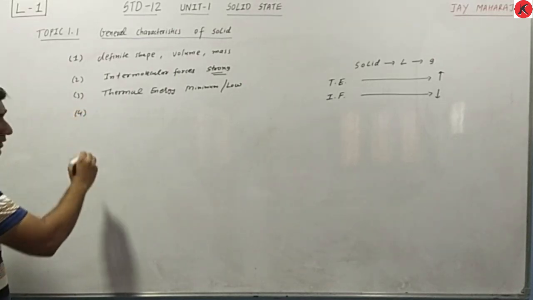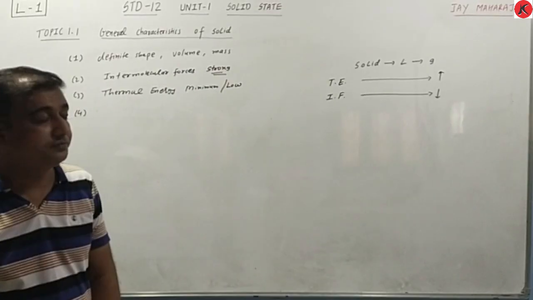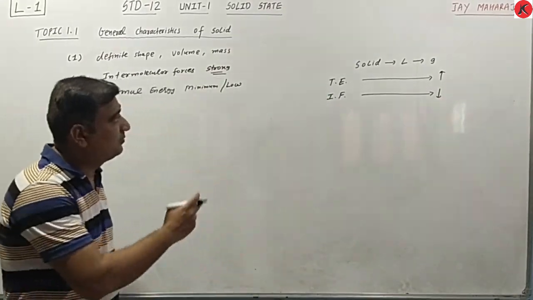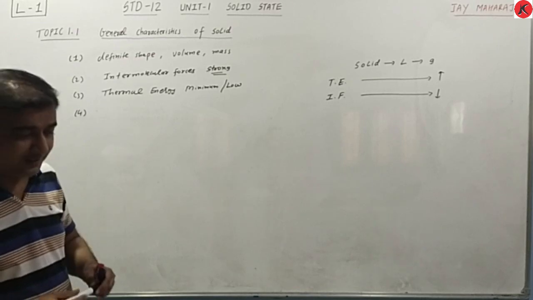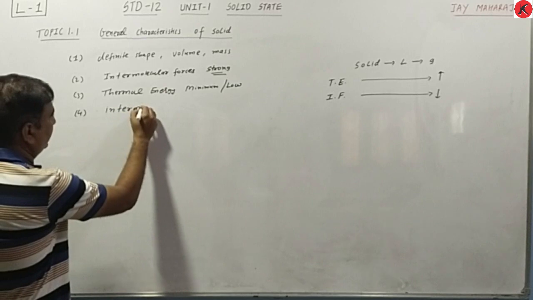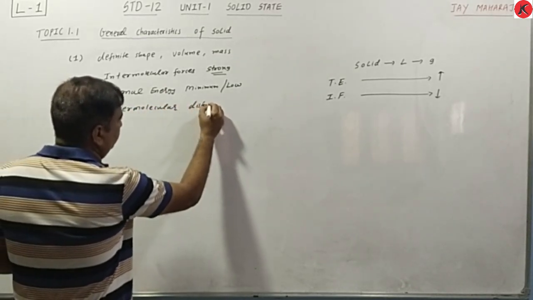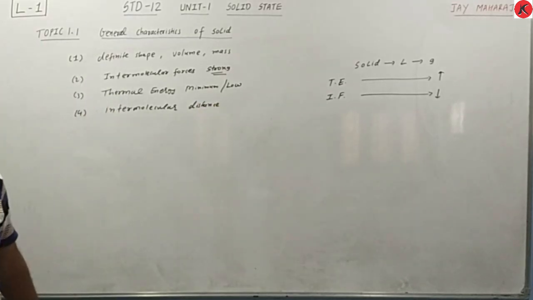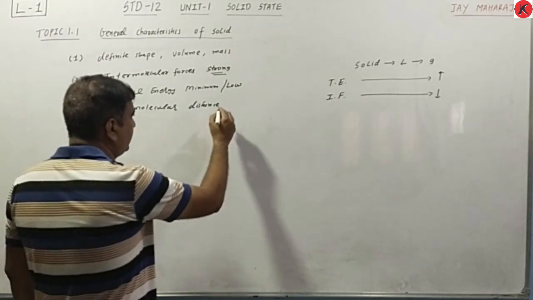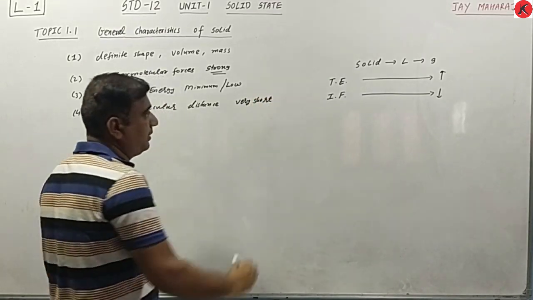Now, based on this, we can write the next characteristic, intermolecular distance. In gaseous state, particles are free to move, while in solid they are closely packed. In solid state, intermolecular distance is minimum, otherwise you can write very short between the particles.